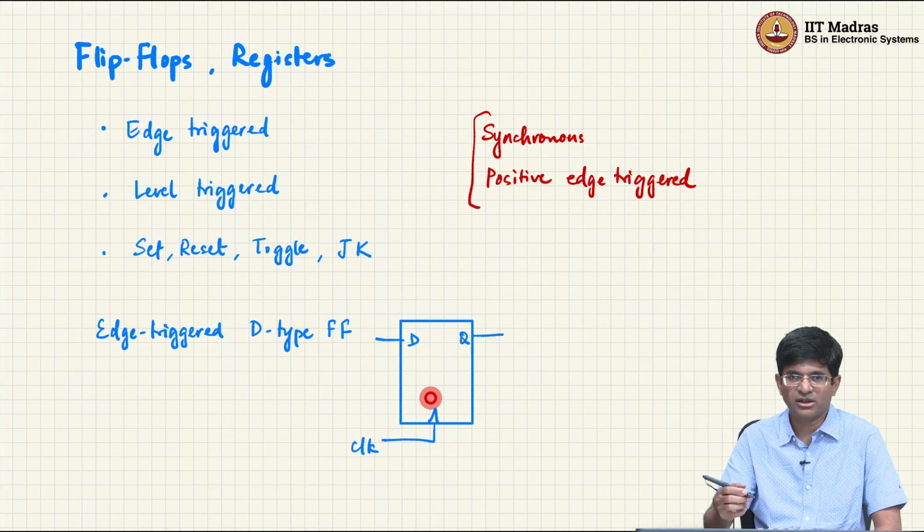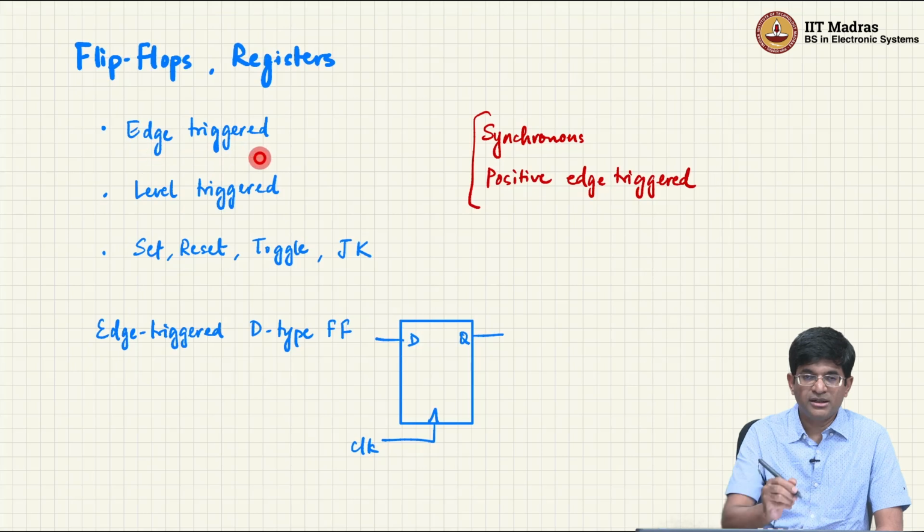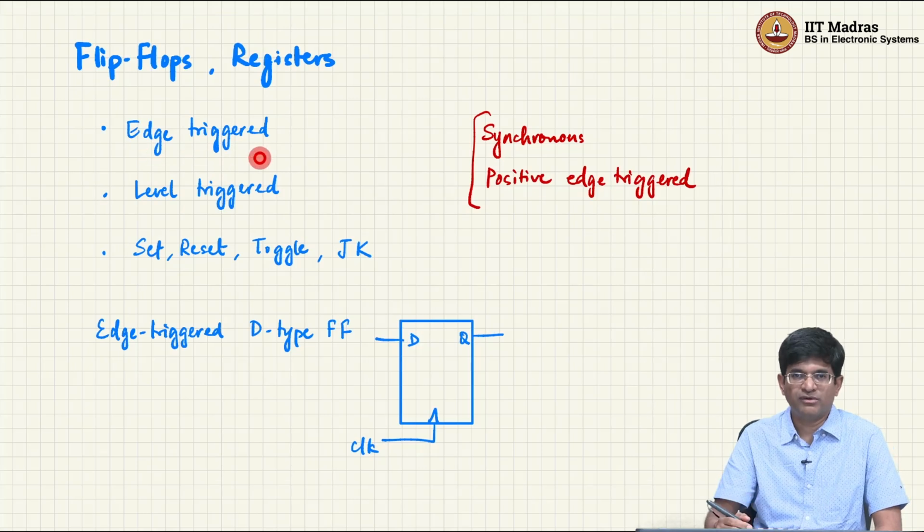With any other change in the clock, or the clock remaining stationary, the input and output are effectively disconnected from each other. There can be no way of propagating data. So edge triggered flip-flops are the most common type of flip-flop that we will be using throughout this course.